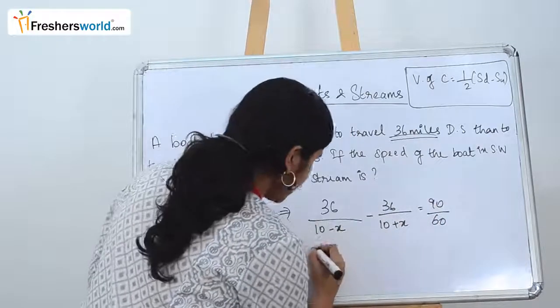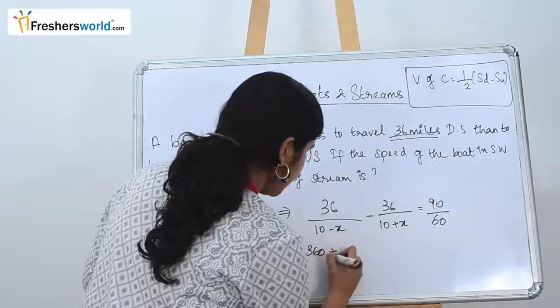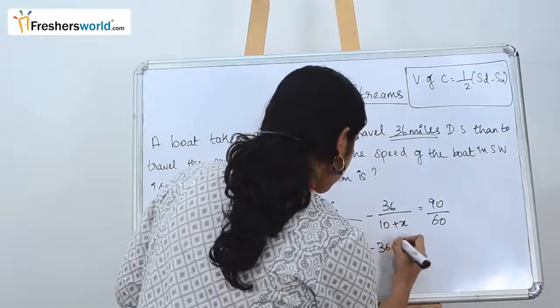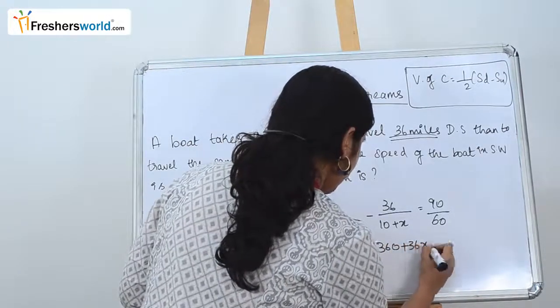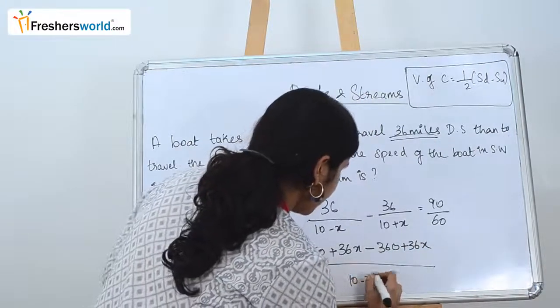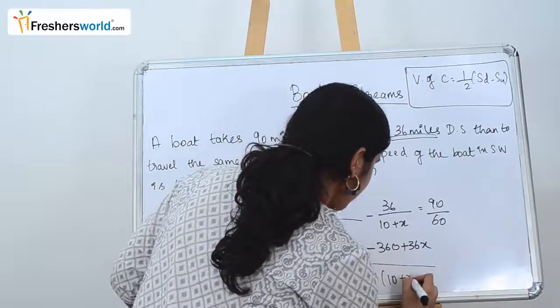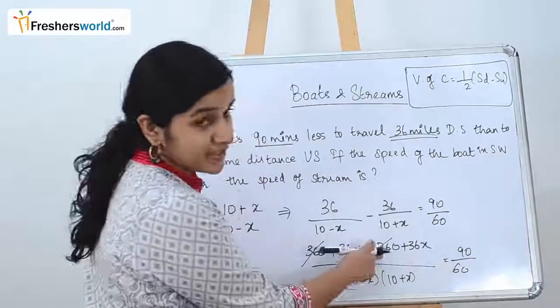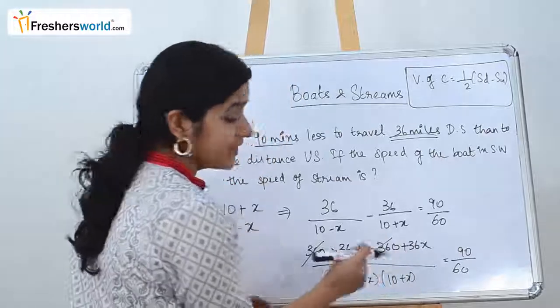So let's just cross multiply now. 360 plus 36x minus 360 plus 36x divided by 10 minus x into 10 plus x, which is equal to 90 by 60. So 360 and 360 get cancelled and the remaining is nothing but 72x.